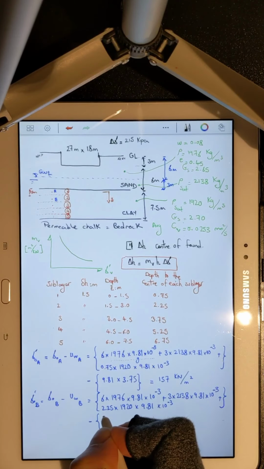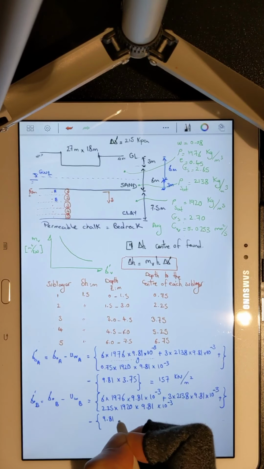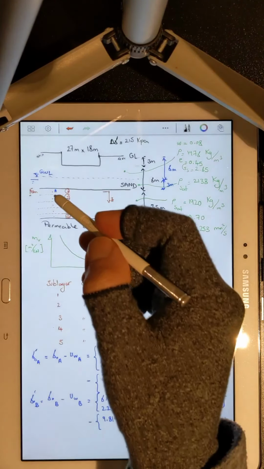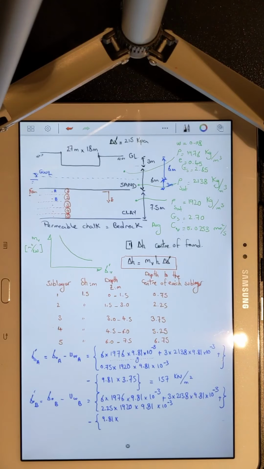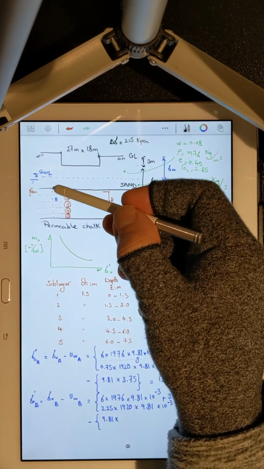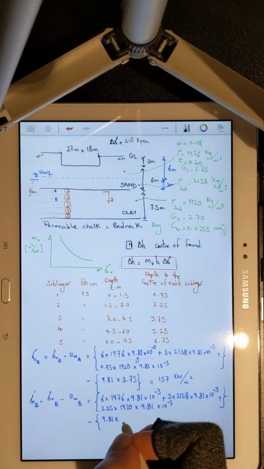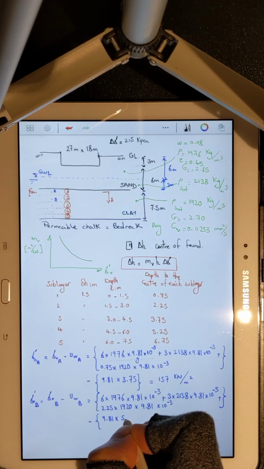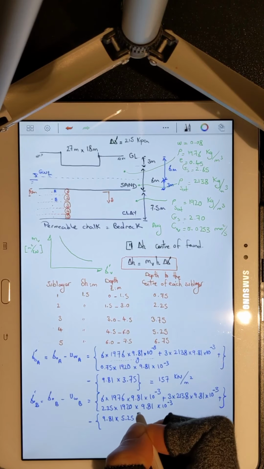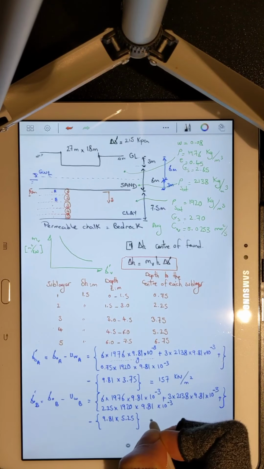Again, gamma W, 9.81 kilonewton over meter cube, multiplied by the depth of water at point B, which is 5.25. 3 plus 1.5 plus 0.75, which will be 5.25 in meters.